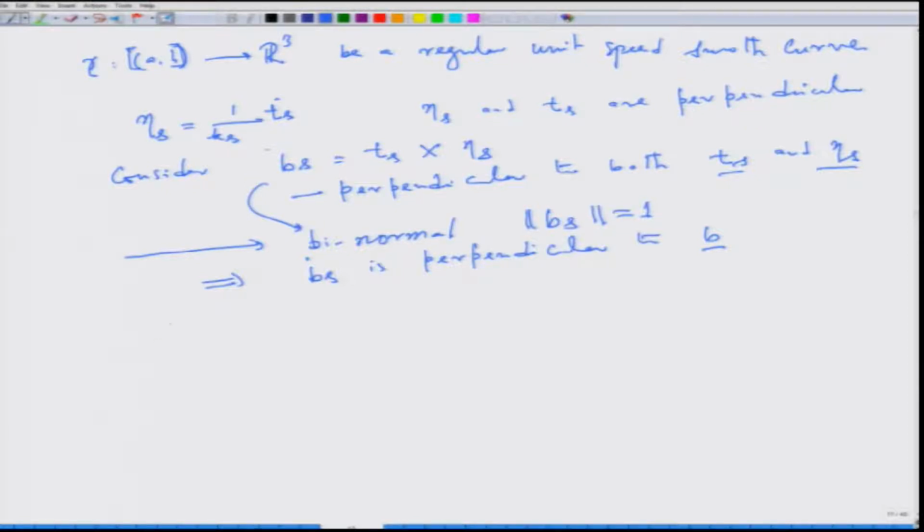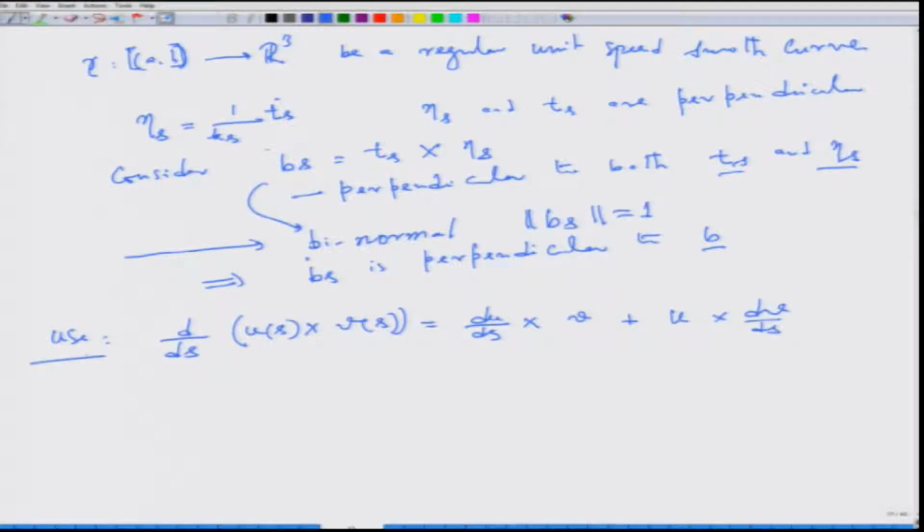Now, you see, if you use the formula for the derivative with respect to s of two functions U and V, and I look at their cross product and take the derivative, this is dU/ds cross product V plus U cross product dV/ds.